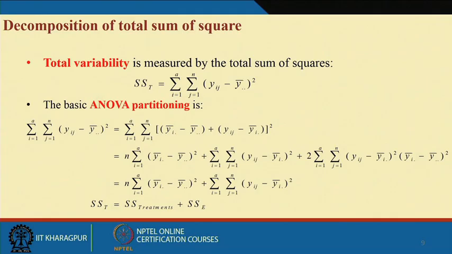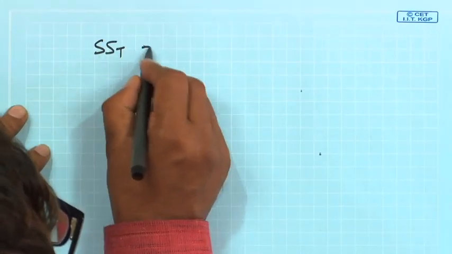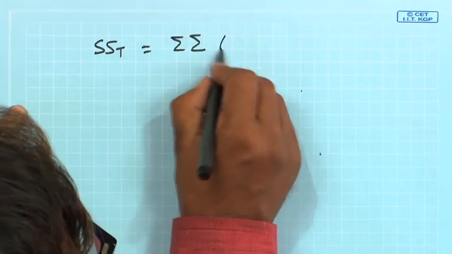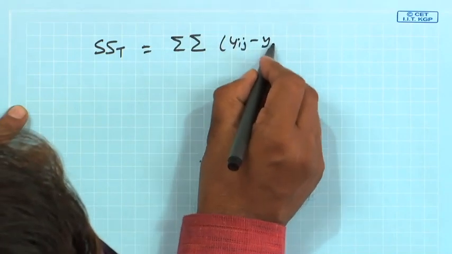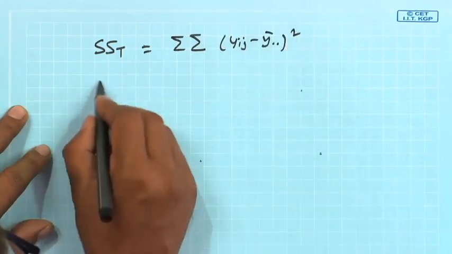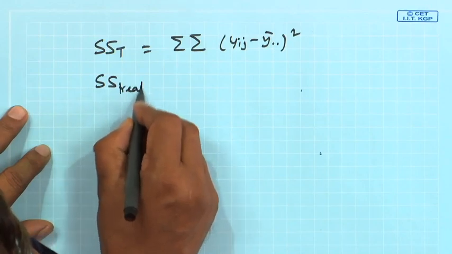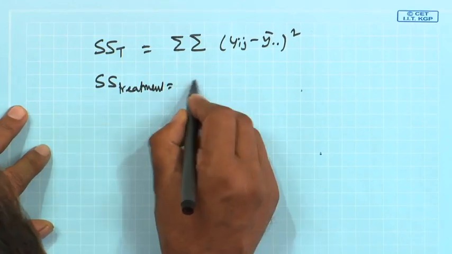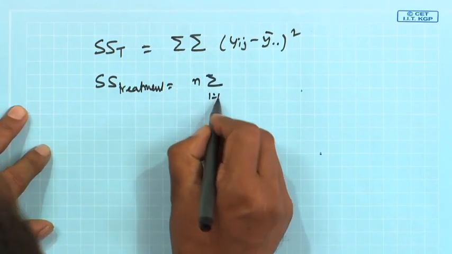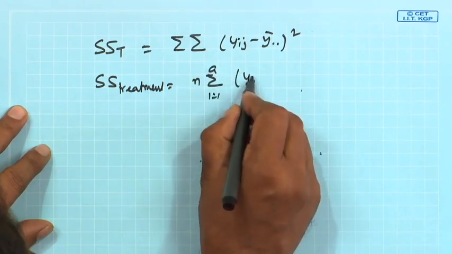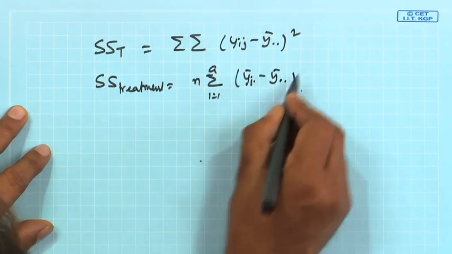So, what are you getting then? You get SST equal to the double sum of (y_ij minus y dot dot bar) squared. You get SS treatment equal to n times the sum over i equal to 1 to a of (y_i dot bar minus y dot dot bar) squared.